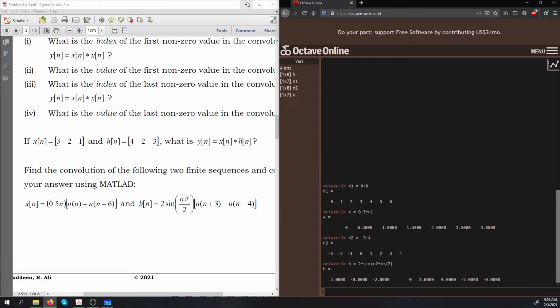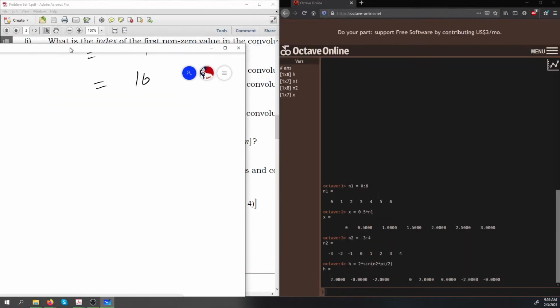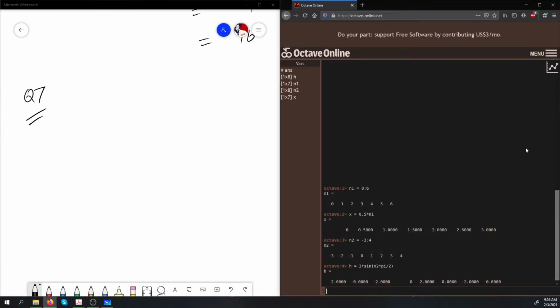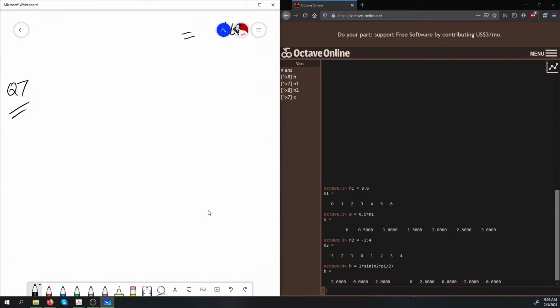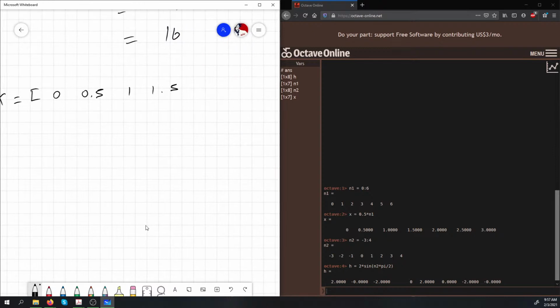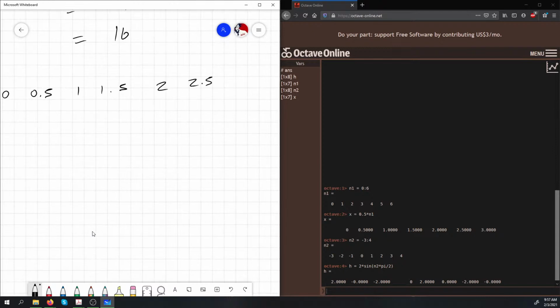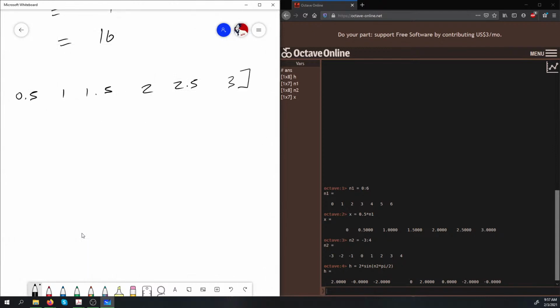So let me bring back up my whiteboard for the time being. Now I have my x vector being 0, 0.5, 1, 1.5, 2, 2.5, and then 3.